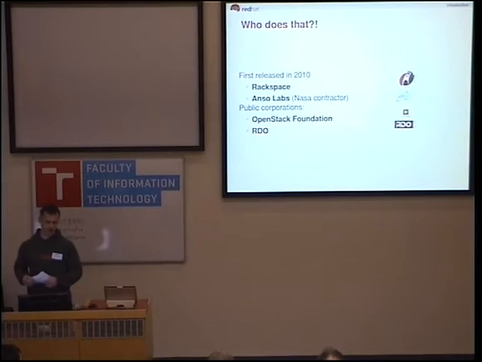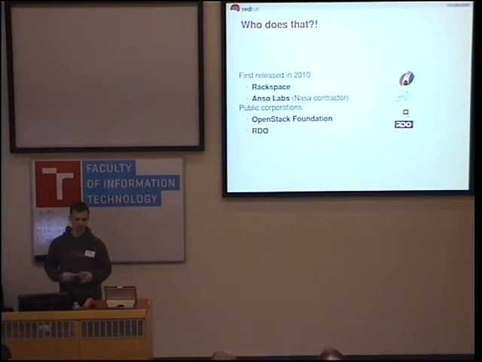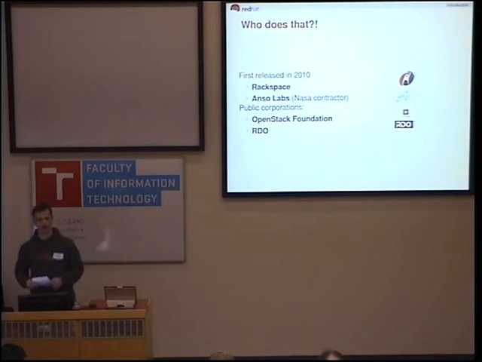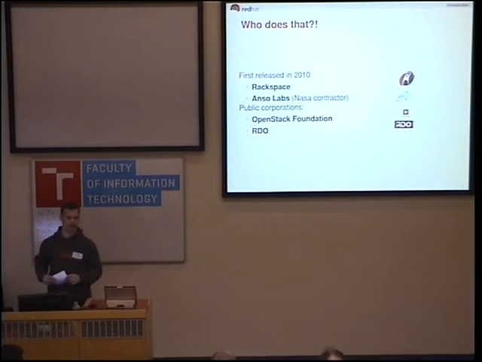Another interesting party is RDO, which is a community project and declares itself as being an OpenStack distribution for RHEL, Fedora, and CentOS. RDO has many meanings. The most useful one is RPM distribution of OpenStack. Go to their project site and find out what the others are. It's pretty funny.